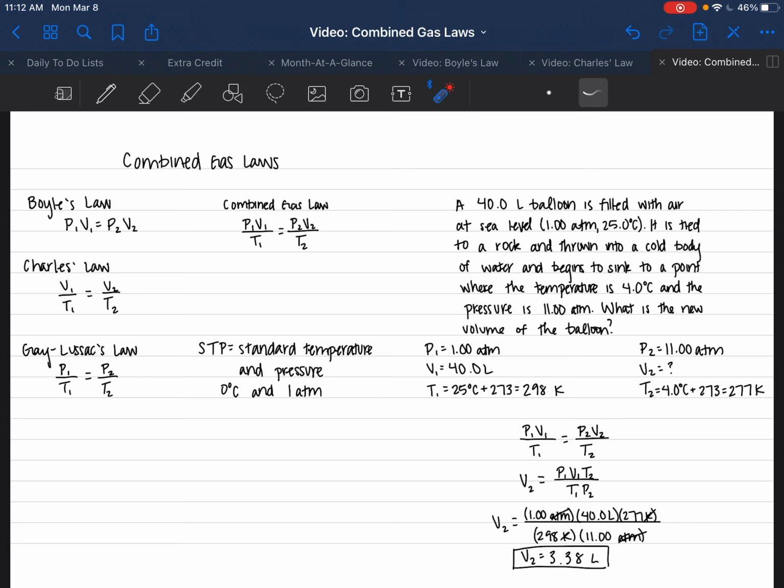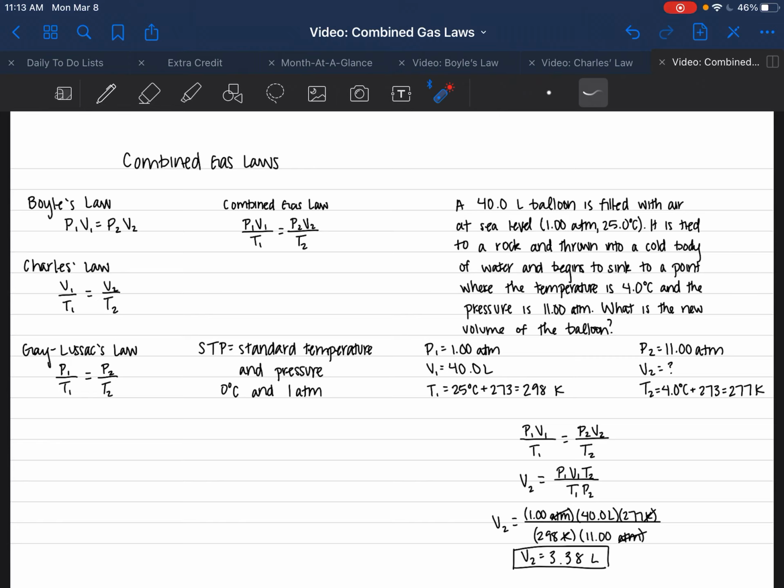And then it sinks to a point where the temperature is now 4 degrees Celsius. Notice we've gone down from 25 degrees Celsius. And the pressure has now increased to 11 atmospheres. So we want to know, what is that new volume of the balloon? How will it change if we change that temperature and that pressure?